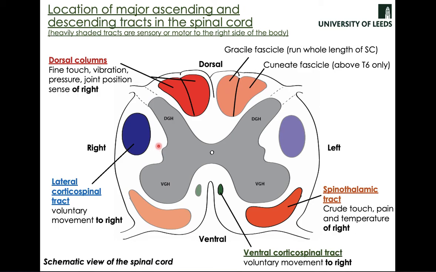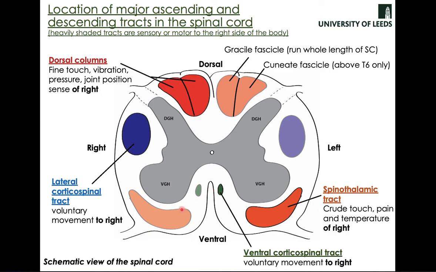On the lateral white matter, we have the lateral corticospinal tract. This tract is going to carry descending motor neurons, so the axons of descending motor neurons for voluntary control of our muscles. We also have a smaller corticospinal tract called the ventral corticospinal tract in the anterior white matter of the cord, or ventral white matter of the cord, also carrying descending fibers for motor control.